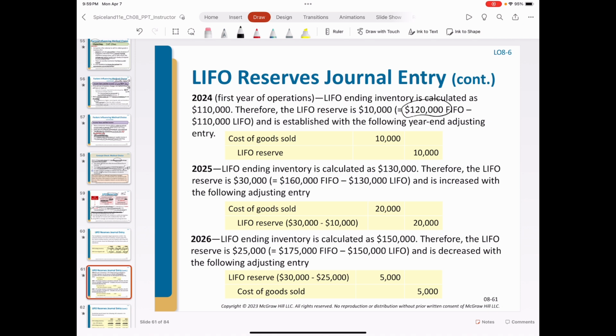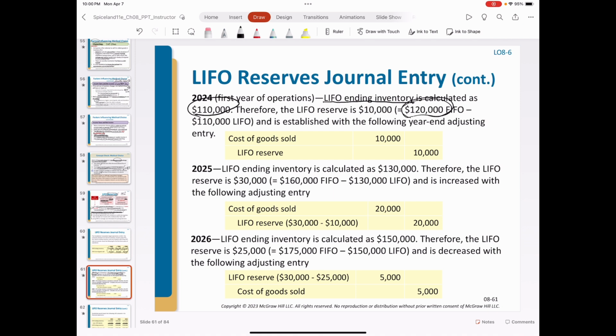And usually FIFO will result in higher inventory value than LIFO. The LIFO ending inventory was 110, FIFO was 120. The difference, 10, will be recorded as LIFO reserve.